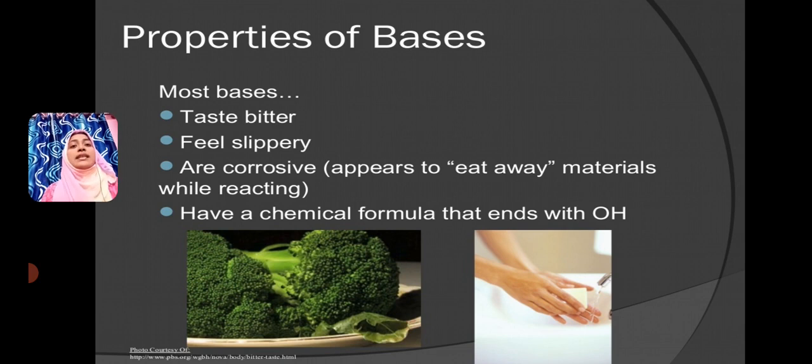So, they are considered corrosive and have a chemical formula that ends with OH. I have told you, when a base is dissolved in water, it releases OH ions. When an acid dissociates, it releases hydronium ion, which is H+, and a base releases OH−.